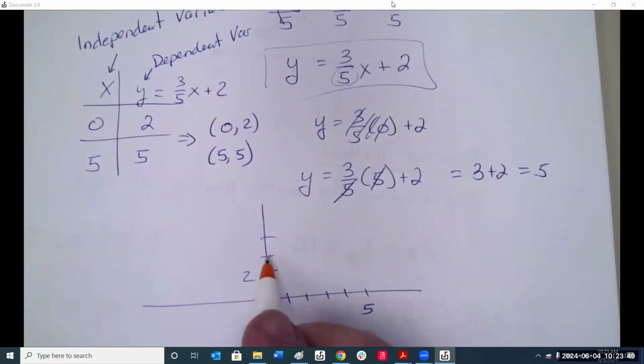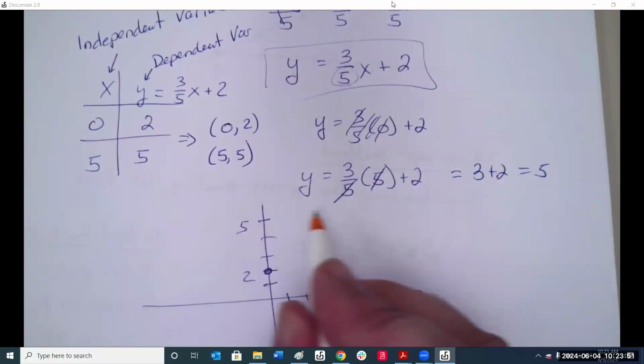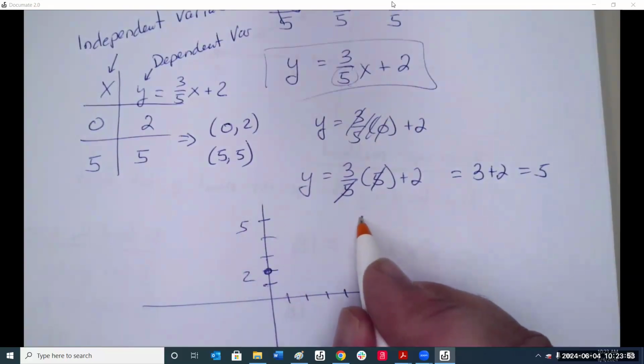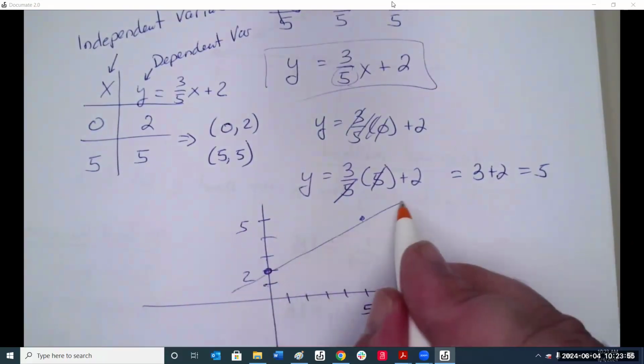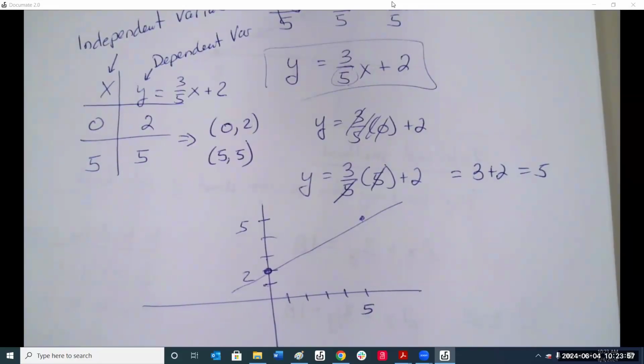Go up 5, 1, 2, 3, 4, 5. And connect the dots. And there's my graph. Pretty easy. There's a shorter way of doing that, which we'll get to in a second. Well, I'll show you now.